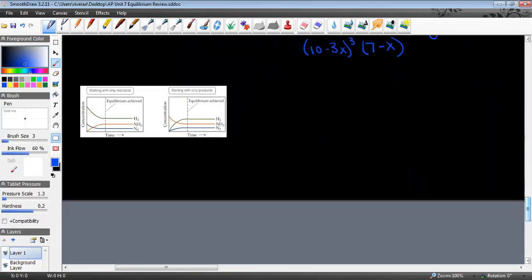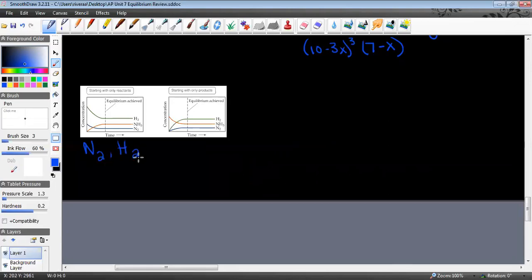Last little graph. Okay, so this was just another example of starting with only reactants versus starting with only products. I know this graph looks really small compared to all of my much bigger graphs. Sorry, you might have to squint. This graph on the left is showing starting off with only reactants, only the N2 and the H2.